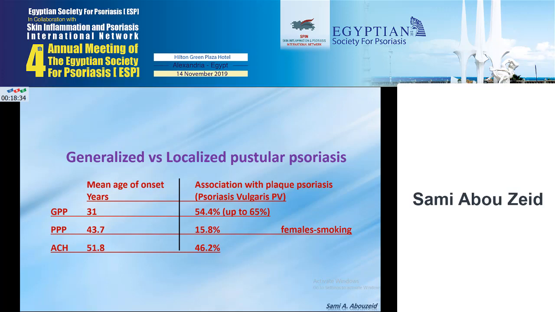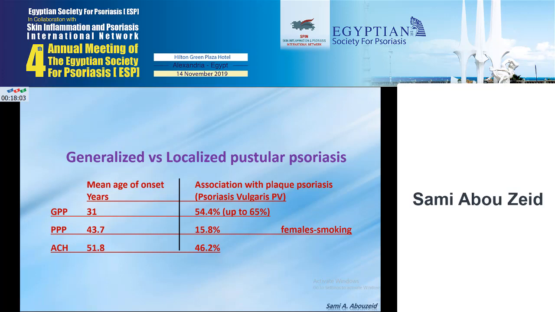The generalized pustular psoriasis has the youngest age recorded, about 31 years. As regards the association with plaque psoriasis, the generalized pustular psoriasis is frequently associated with plaque psoriasis, psoriasis vulgaris, in up to 65% of cases.